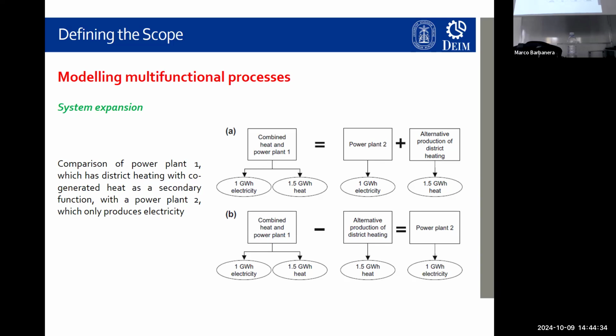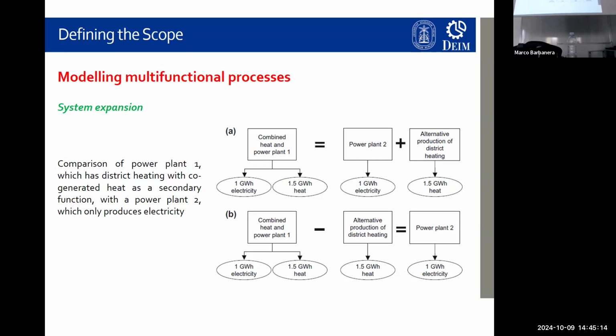And in this case, if we want to apply the system expansion approach in order to consider the contribution of the byproduct, the thermal energy, the heat, we have to calculate the environmental impact associated to the production of the same amount of thermal energy, but by applying a traditional technology. For example, the production of thermal energy by using a natural gas boiler.